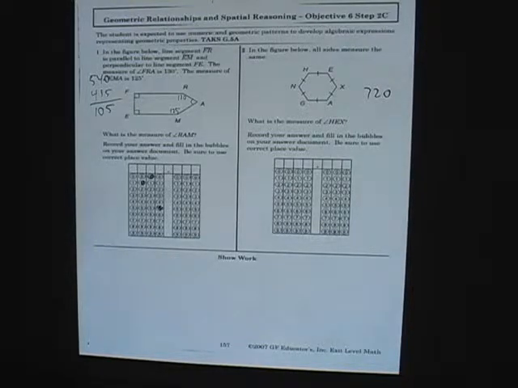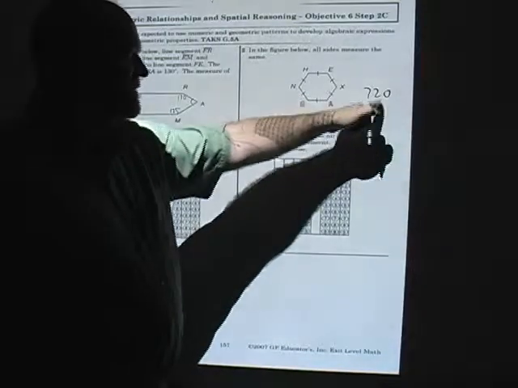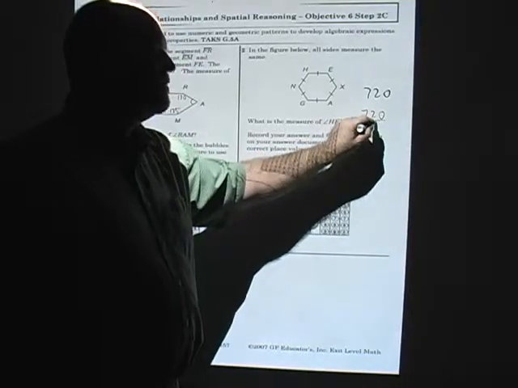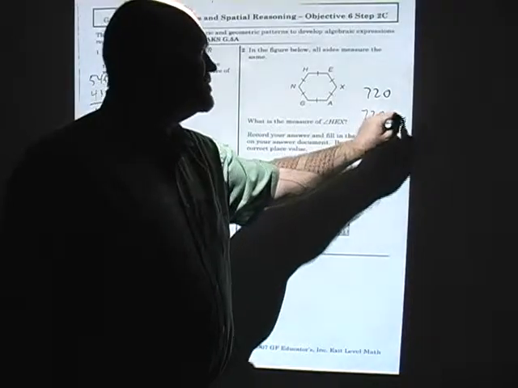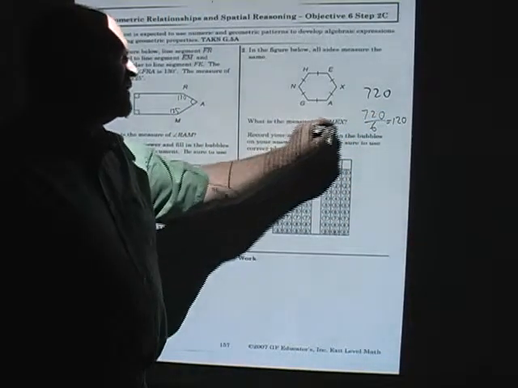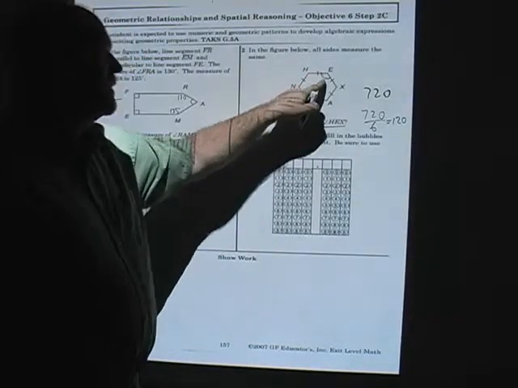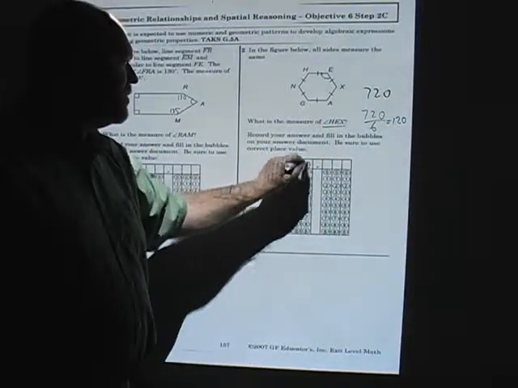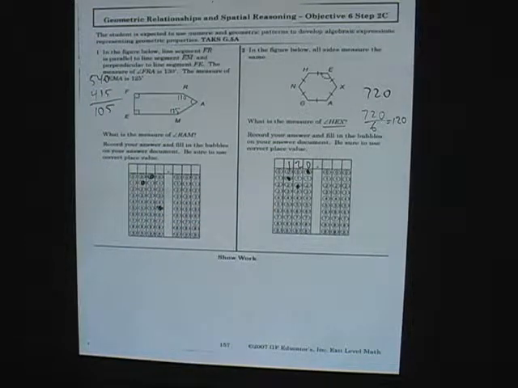So all the angles are going to be congruent, so we can just take the 720 and divide it by the number of angles, which is 6. And that equals 120. Angle HEX is one of these angles right there, but they're all the same. They're all going to be 120. So 120, just like that.